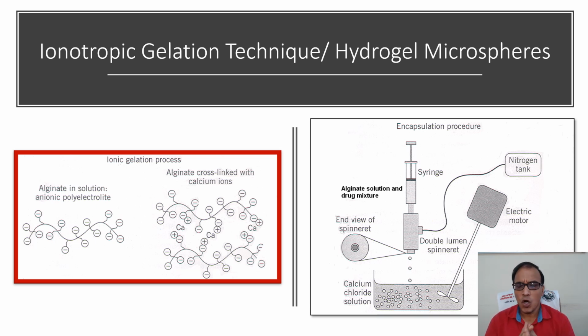Then almost spontaneously these microspheres are prepared by ionization, and you will get soft, pearl-like, rubbery, very glowing microparticles. Then you can decant the calcium chloride solution and just dry these particles. This is one of the very simple techniques which you apply in your laboratory setups. So you must know the concept behind these alginate microspheres.